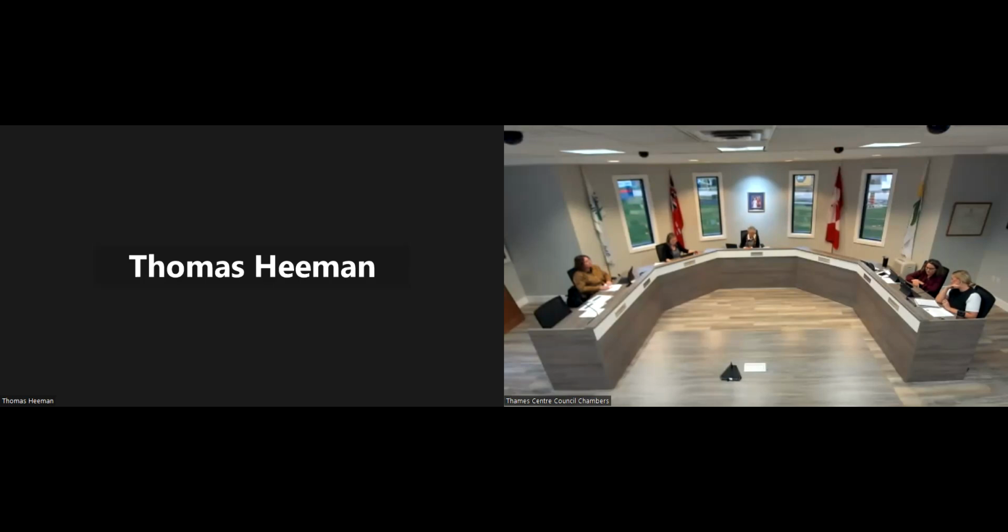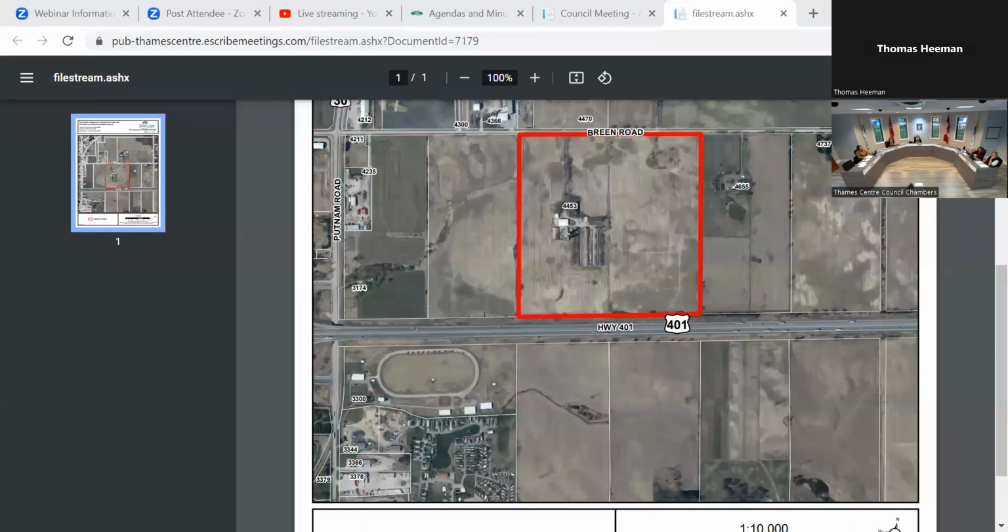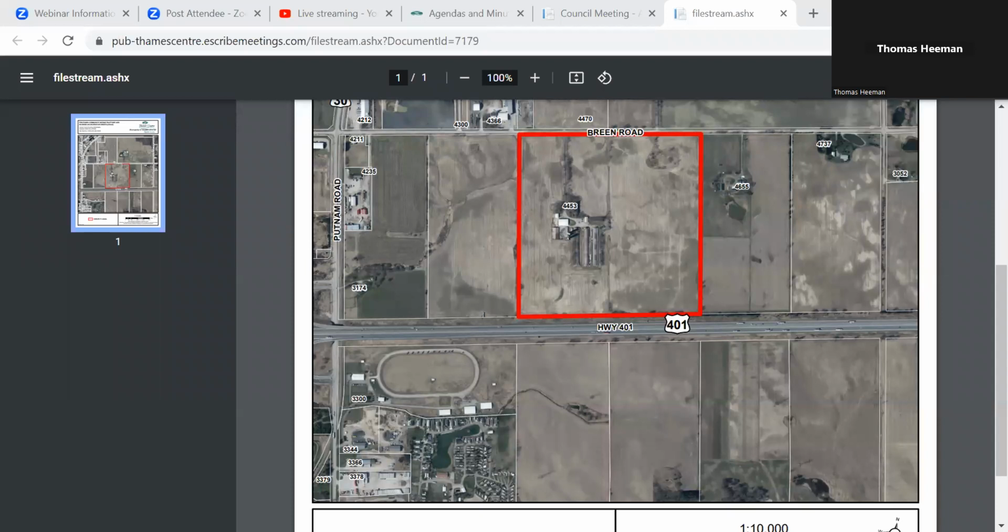Because of the potential to accommodate industrial uses for those lands, that has triggered the need for the study to be conducted so that we can have some intersection improvements done to address the concerns associated with the existing railway crossing and its proximity to the Putnam Road and Breen Road intersection. I hope that answers your question. Thank you.